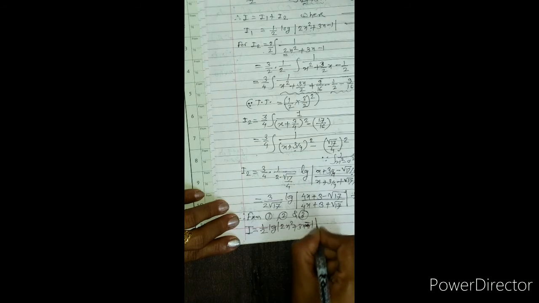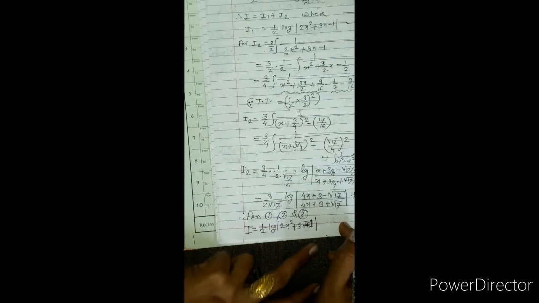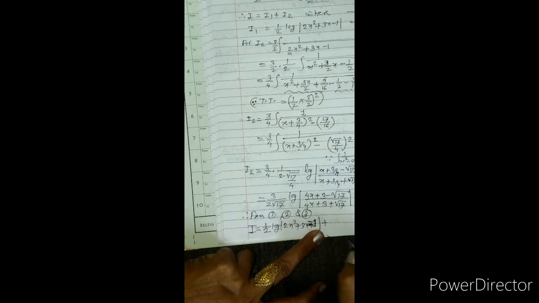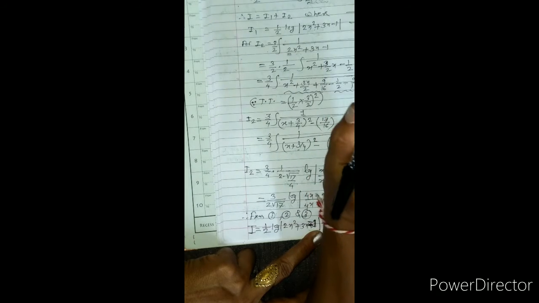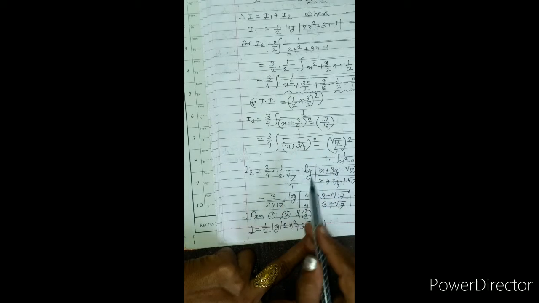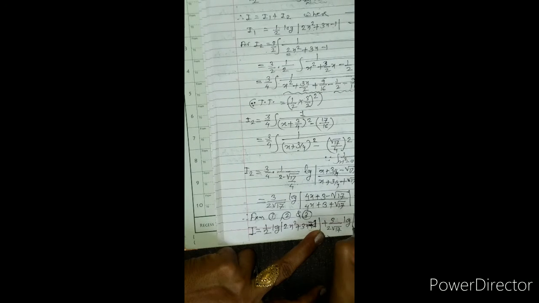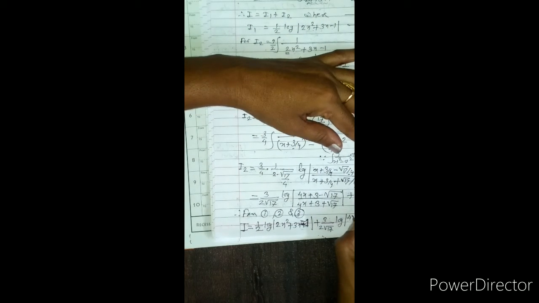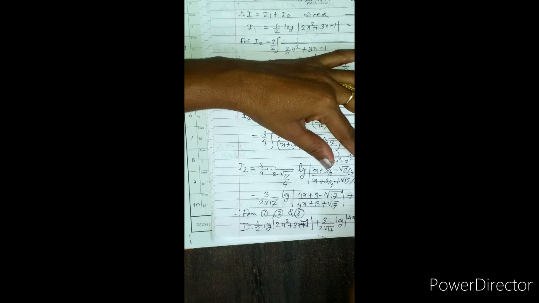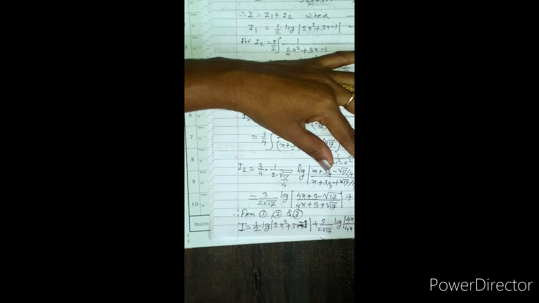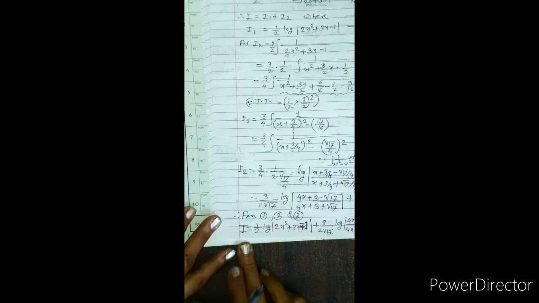And I2 is nothing but 3 by 2 times the integral. The whole 3 by 2 constant is multiplied, so that can be adjusted by the result 3 upon 2 times root 17 into log of mod of 4x plus 3 minus root 17 whole divided by 4x plus 3 plus root 17, and the whole is added with the constant of integration c. This is the final answer.